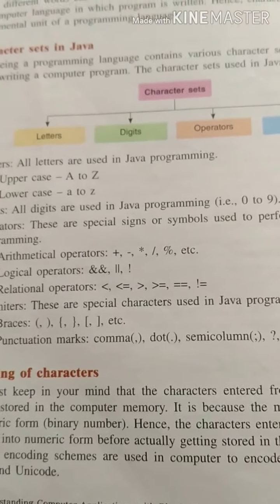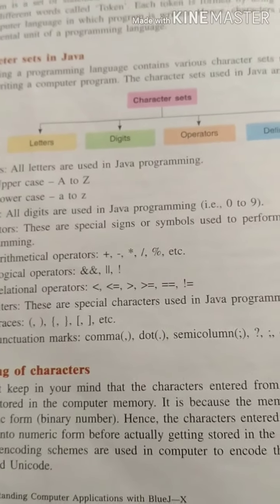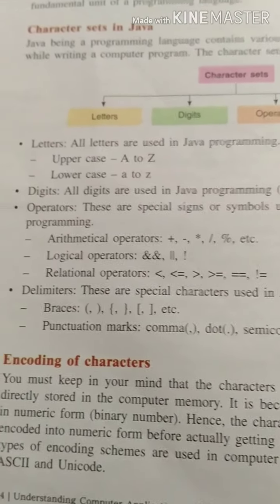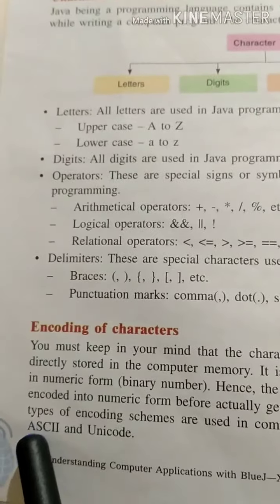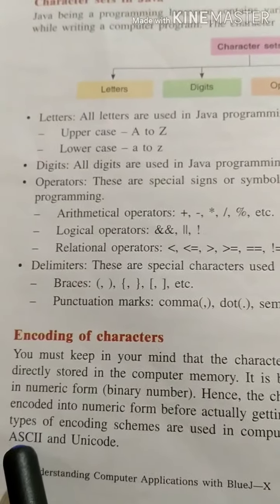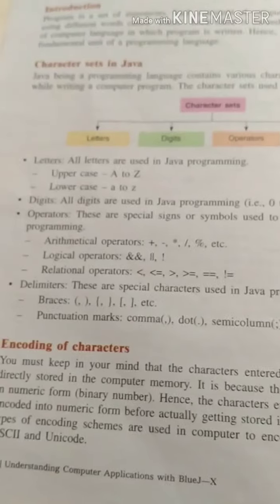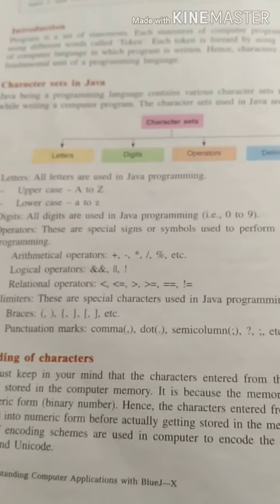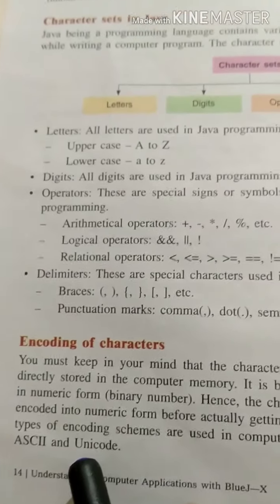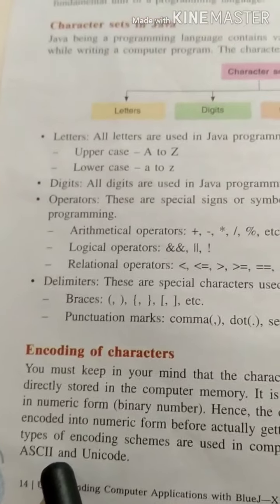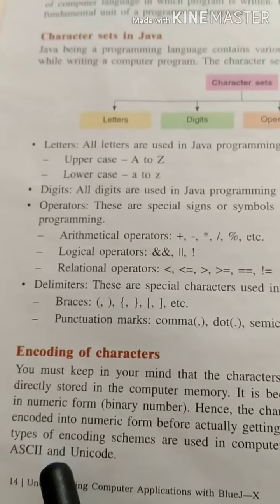Whatever we write, the compiler translates into computer understandable form, and that is coded in ASCII, American Standard Code for Information Interchange, and Unicode. These two coding systems translate the user's program into computer understandable form, and vice versa also.